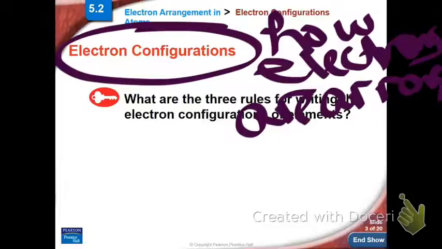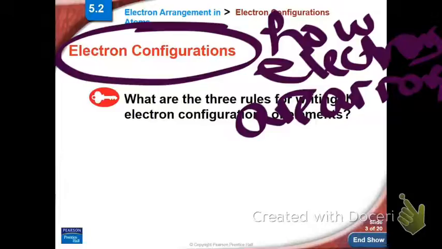They're going to be different for each element because each element has different numbers of electrons. Now, please keep in mind something. The number of protons is what identifies the element. It is fixed. It cannot change. However, you can change the number of electrons.